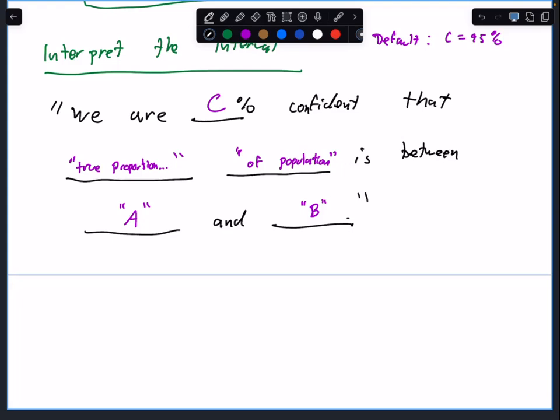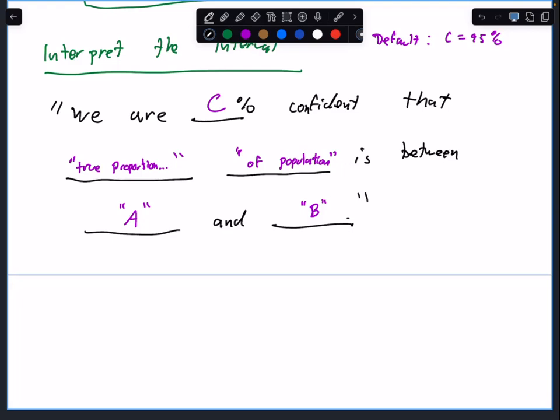So our sentence should have been, we are 95% confident that the true mean GPA of students at whatever high school was named, is between whatever that first number in the interval is, and whatever that second number in the interval is. That's what you were doing on the homework.